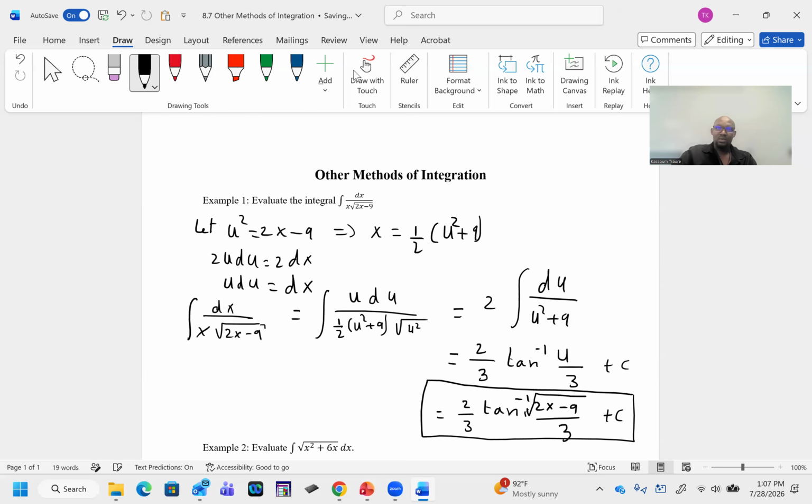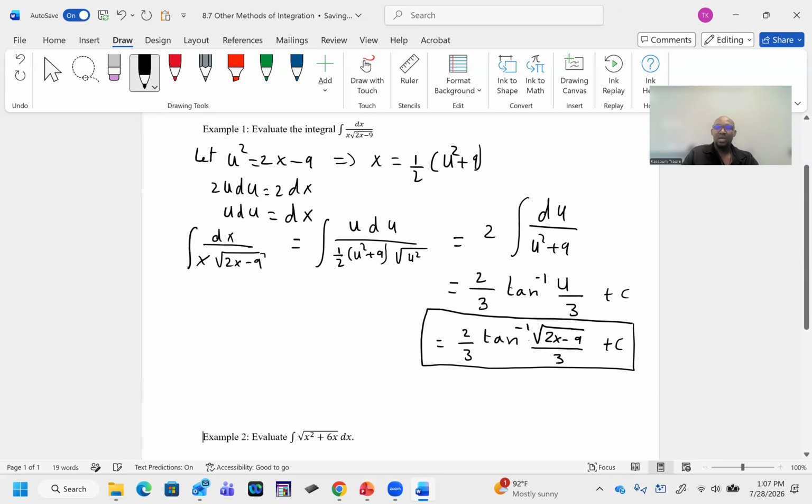So basically, it will be square root of 2x minus 9 divided by 3. Why? Because u squared is 2x minus 9, so u will be the square root of 2x minus 9.